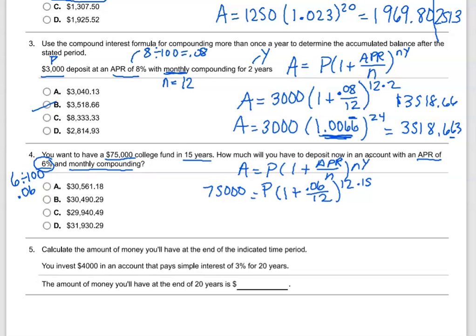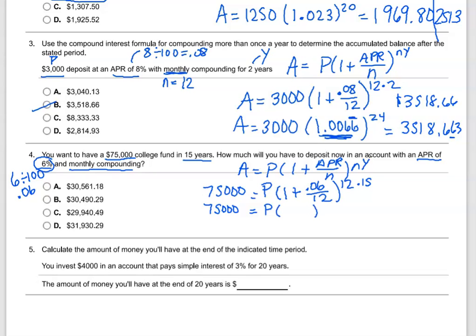We're going to say, well, how much do I have to do? So this one's kind of different, right? This one's got a little bit of algebra involved. So I'm going to write down my 75,000 equals P. Now I'm going to do the same thing here. I'm going to try to get this down to something that I can at least deal with.